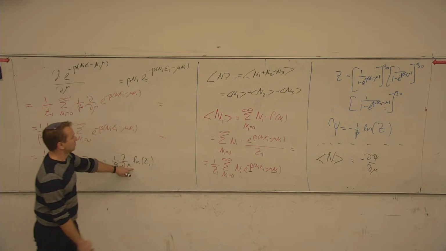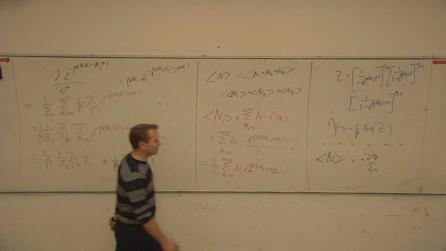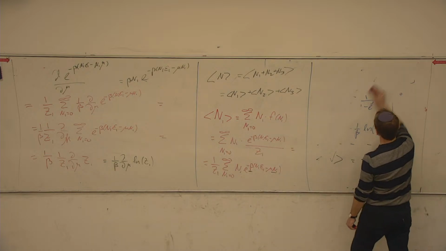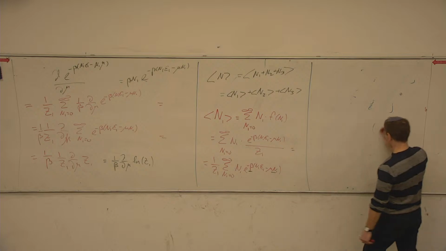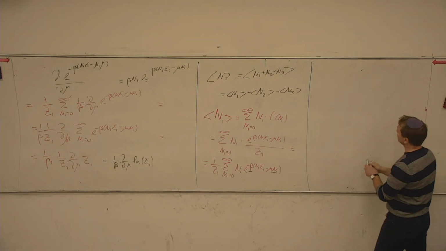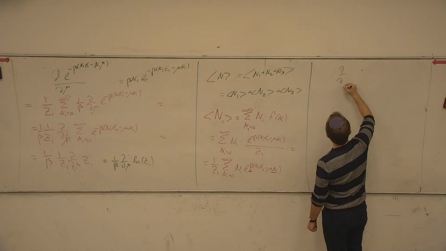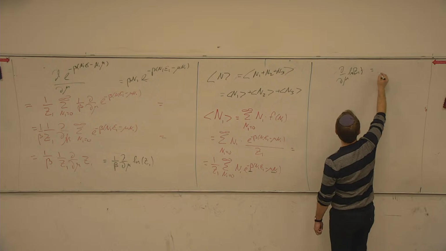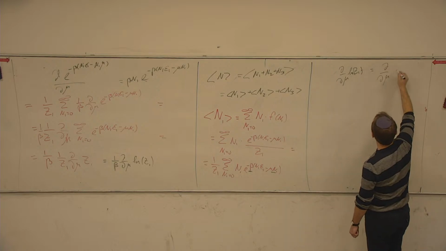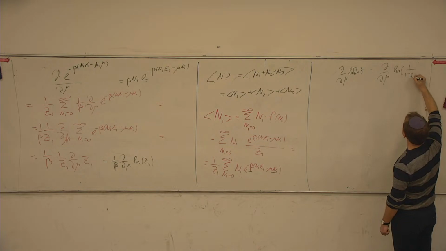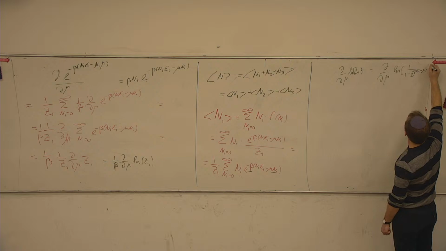Now, I can take this derivative very simply, because what is z1? d to d mu of log of z1 equals d to d mu of log of 1 over 1 minus e to the power minus beta (epsilon 1 minus mu).